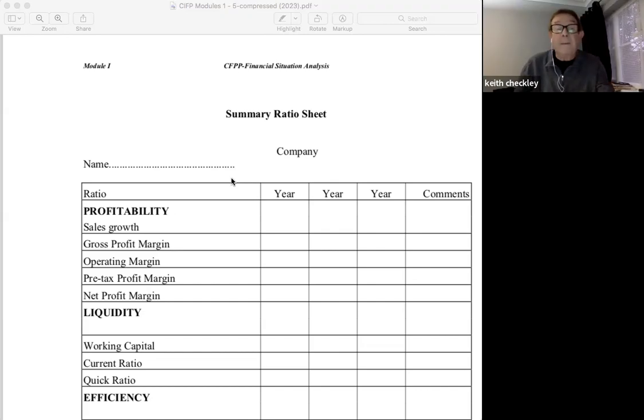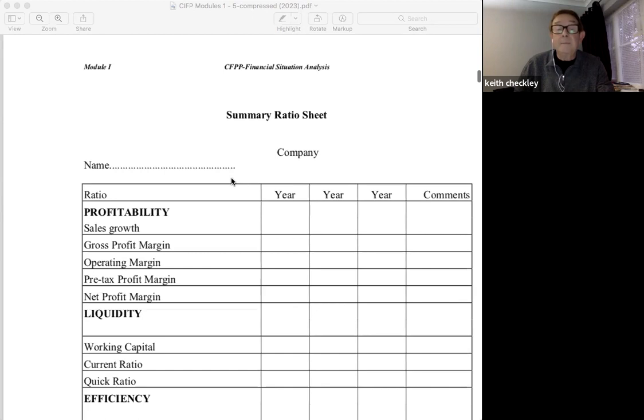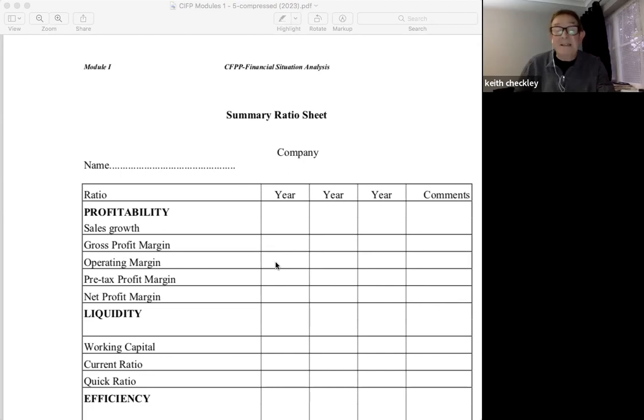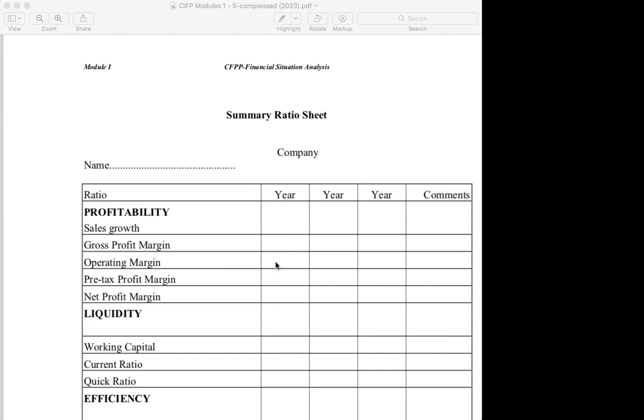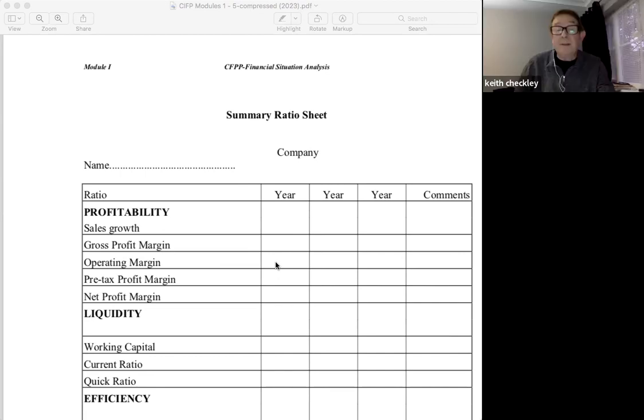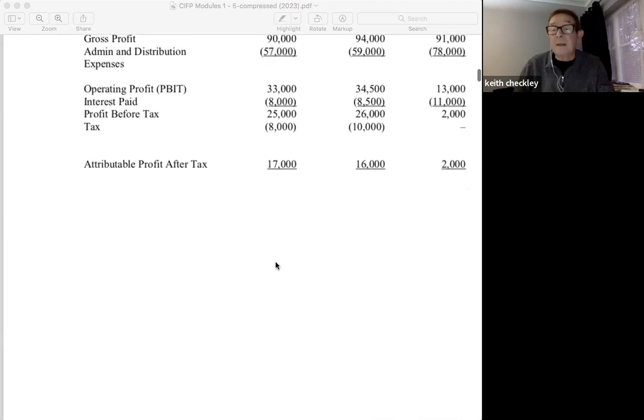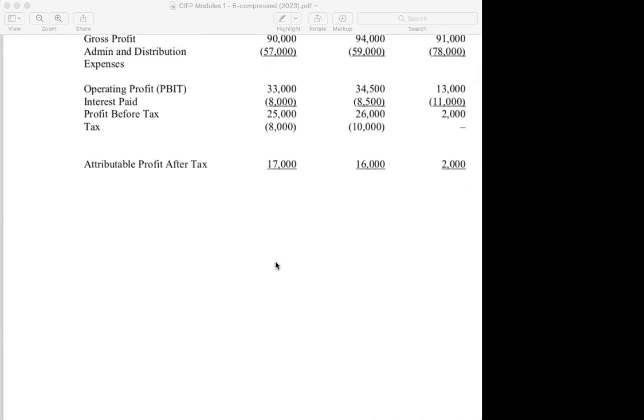Okay. I don't think my calculation is right. What did you get? 7%. I get about 4%. Anybody confirm that? Operating, 3.67. So roughly 4%.